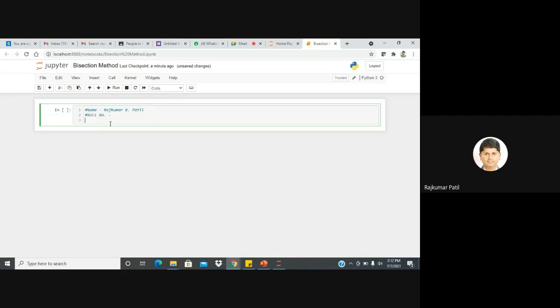Basic information, for example, your name, your roll number, name of the method, as this is bisection method, then unit number 1, name of that unit. So these basic information you need to write, so that after a few days or few months you will come to know for what purpose you wrote that program.